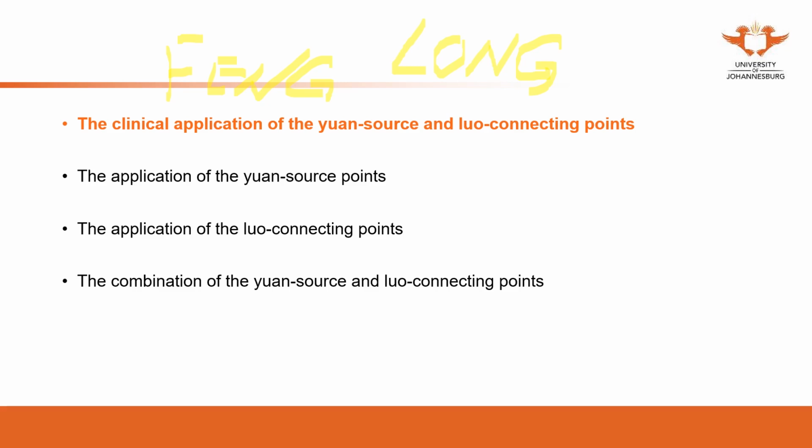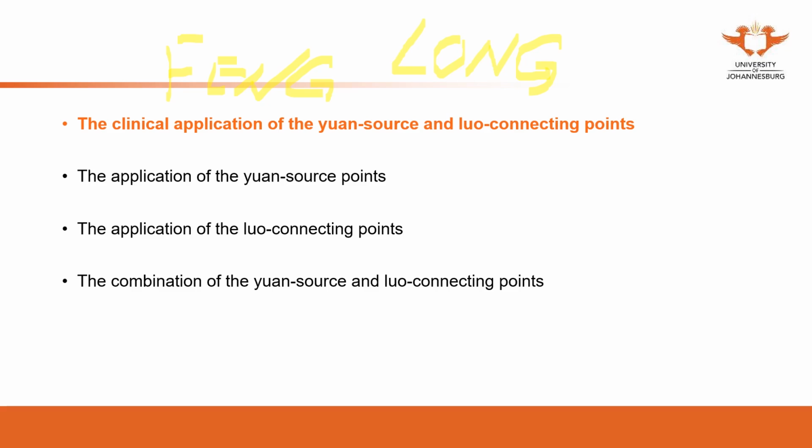On the contrary, if the patient suffers from the large intestine problem first, diarrhea, constipation, and after a few days, the patient suffers from cough, tachypnea, difficulty breathing, then we can use the Yuan source point of the large intestine, which is large intestine 4. And then we can select the Luo connecting point of the hand taiyin meridian, the lung meridian, which is lung 7.